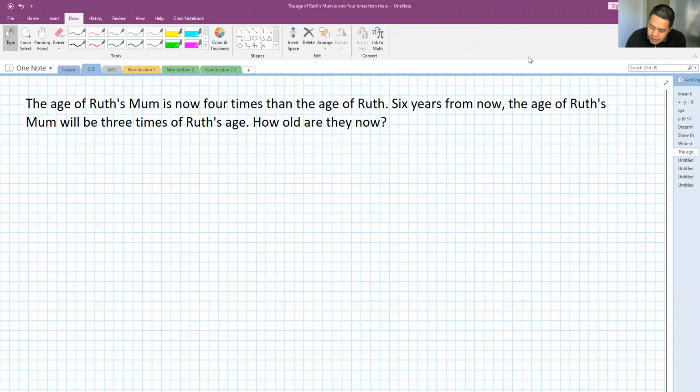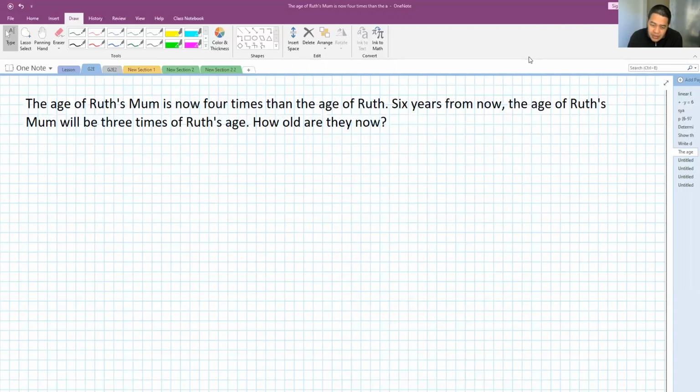So the situation is like this. He has not learned about unknowns or variables like X, Y, or Z. So I try to solve this question with him without them, using the method that we tend to give to our kids.